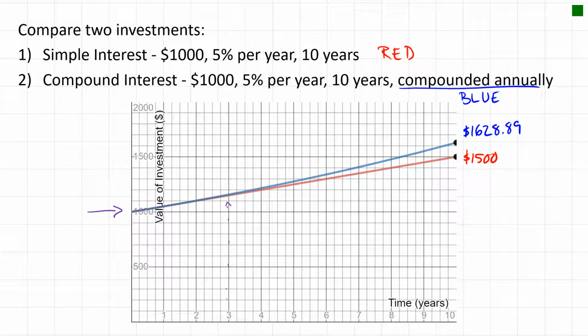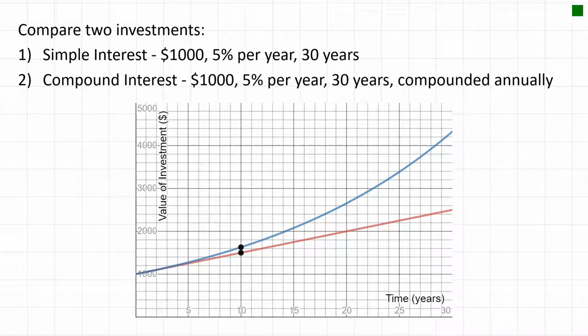Again, it doesn't look super significant here, but I want to show you some variations on this now. Keeping the same initial investment, but stretching that investment out to be over 30 years, I want you to see what happens. These black dots you can see here on the graph were what we had in the previous example. So this was about $1,628, and in red it was $1,500 after 10 years.